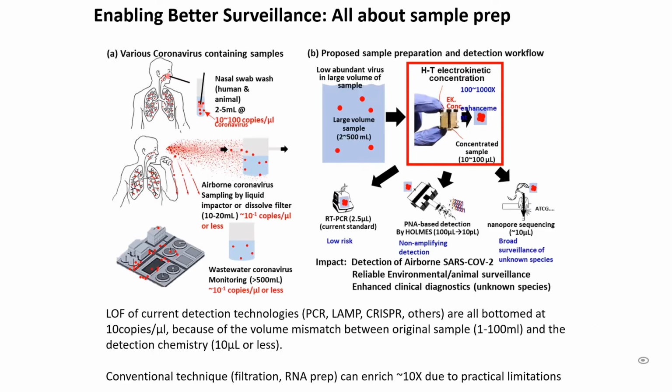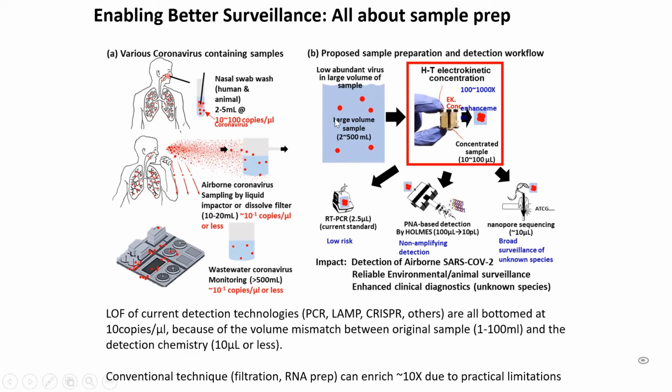A similar situation can be found in wastewater detection. No matter what the detection scenario might be, we have the same problem: we have a large volume of initial sample, 1 milliliter to almost half a liter, but our detection chemistry almost always operates on less than a microliter or 10 microliters.